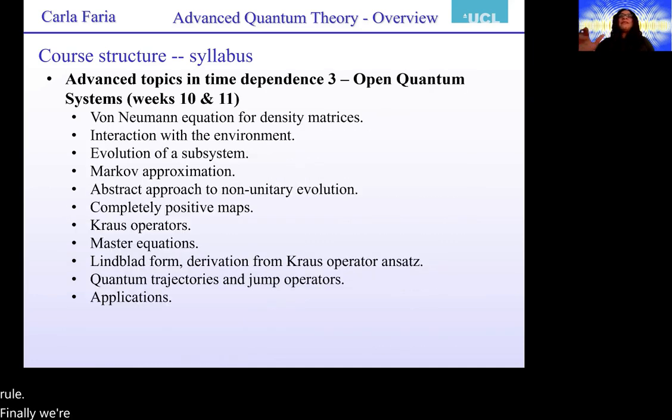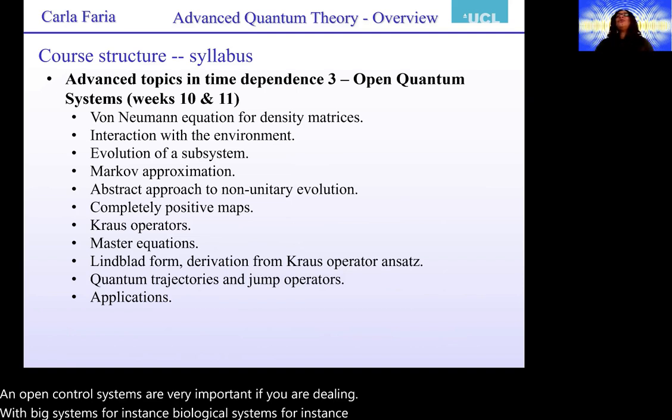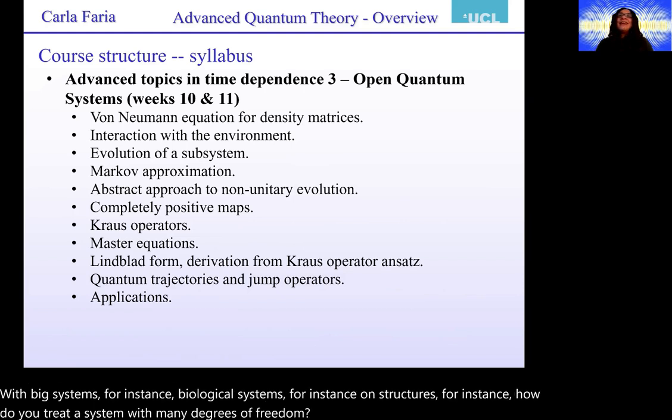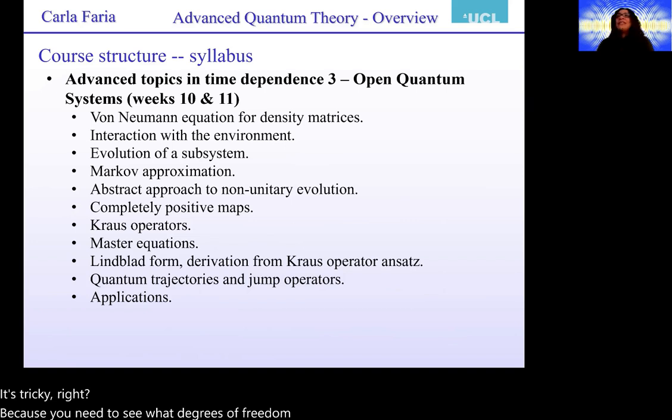And open quantum systems are very important if you are dealing with big systems. For instance, biological systems, for instance, nanostructures. How do you treat a system with many degrees of freedom quantum mechanically? Well, it's tricky, right? Because you need to see what degrees of freedom are important and what are not.